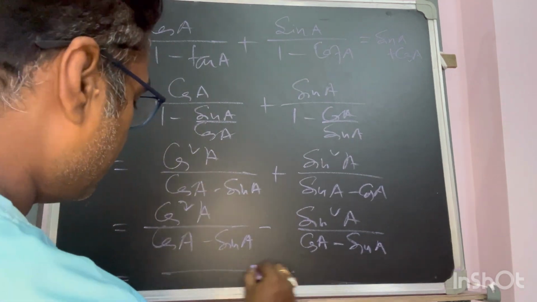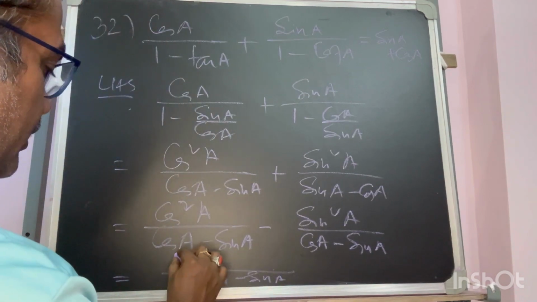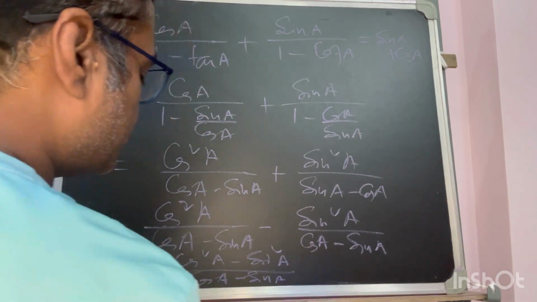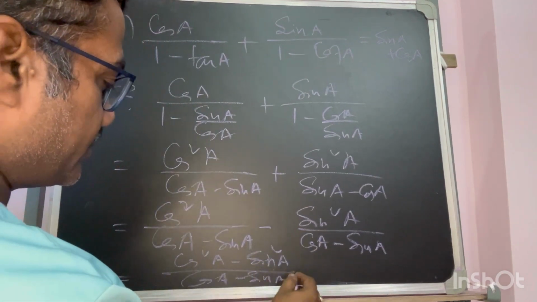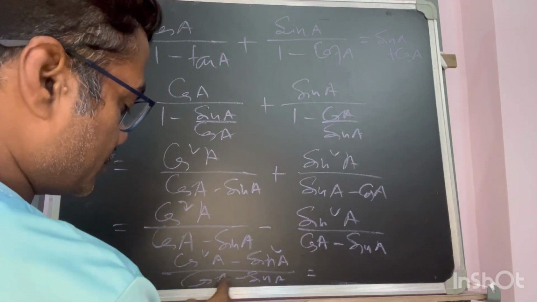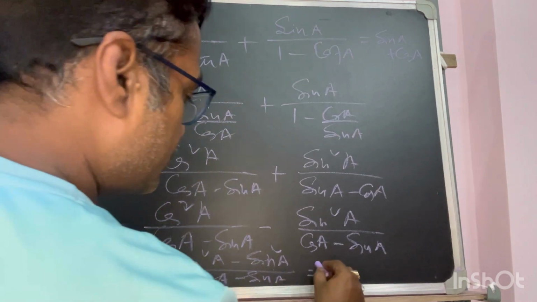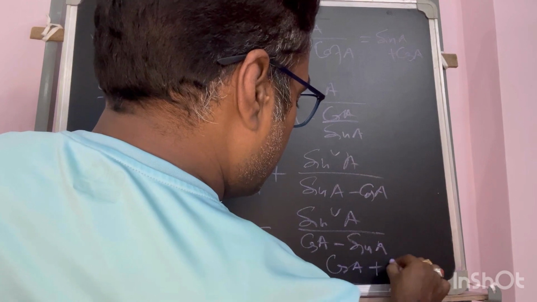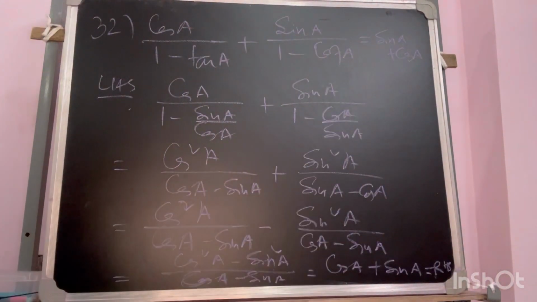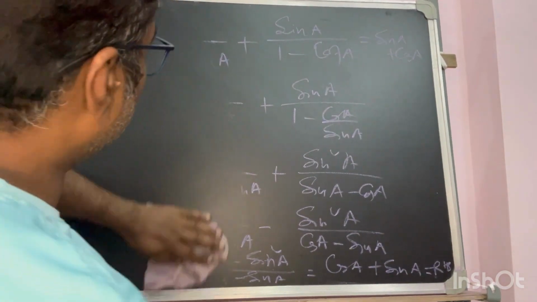So there it will be cos A minus sin A. It will be the LCM of these two, and the top will remain as cos square A minus sin square A. I will not put the formula of cos square minus sin square, rather that will be a square minus b square, a plus b, a minus b. And at the denominator a minus b is already there. So ultimately it will remain as cos A plus sin A. So that is what you need to prove. Okay. So that is 32.